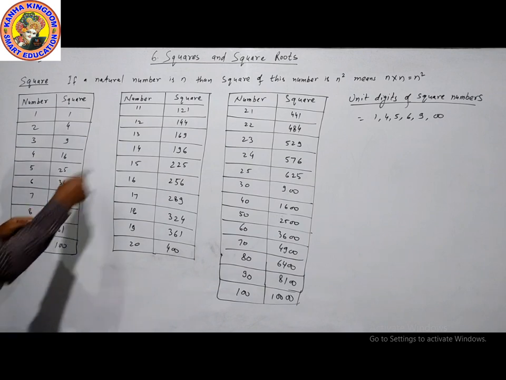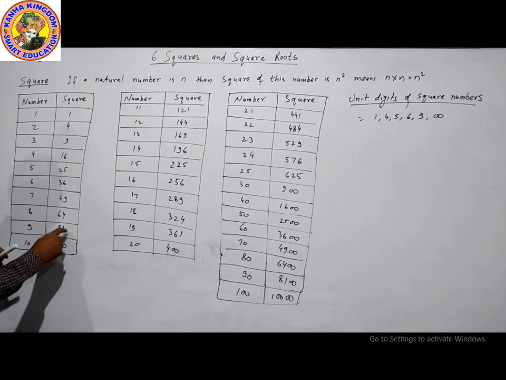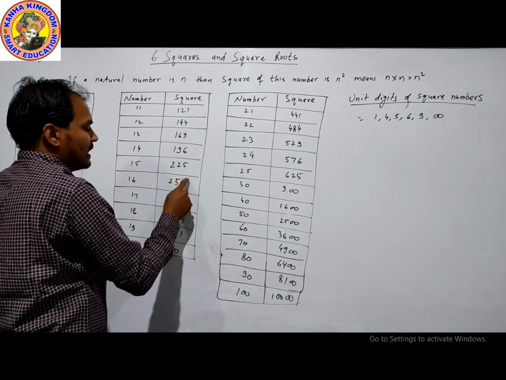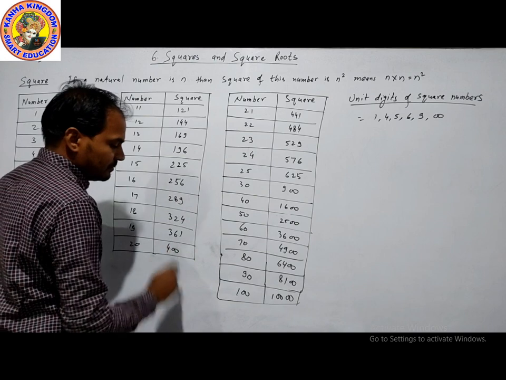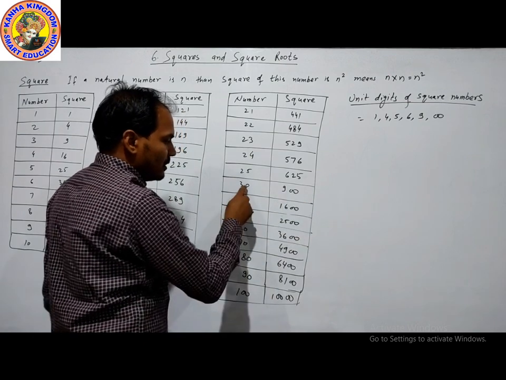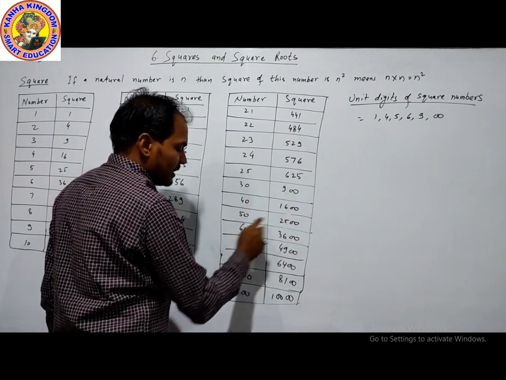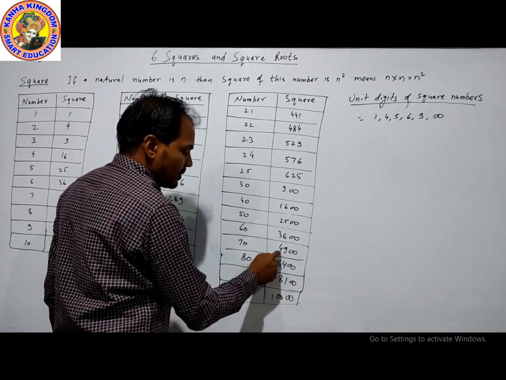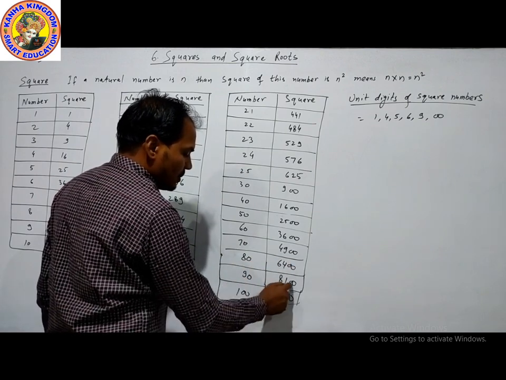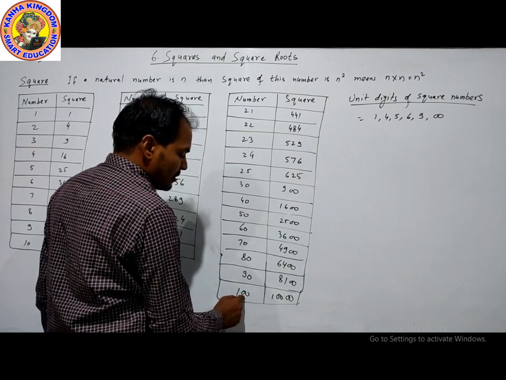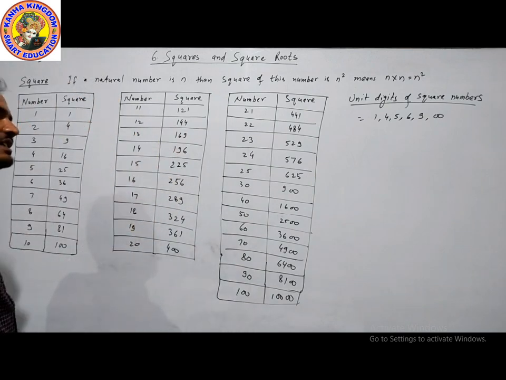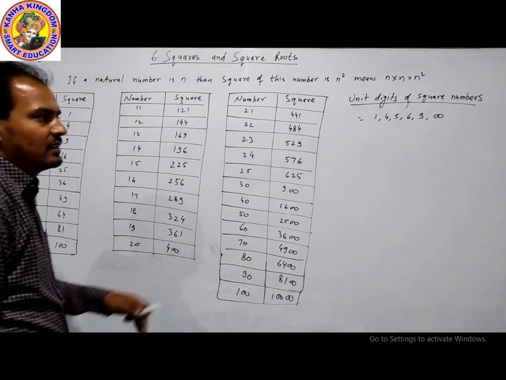Here is 49, 9 is included, 64, 4 included, 81, 1 included, and so on. Then there are the 00 endings. A single 0 will convert into 00. 7 square is 49, 0 square is 00. 8 square is 64, 0 square is 00. 9 square is 81, 0 square is 00. 1 square is 1, 10 square is 100. Now, the unit digit of these square numbers is 1, 4, 5, 6, 9 and 00.